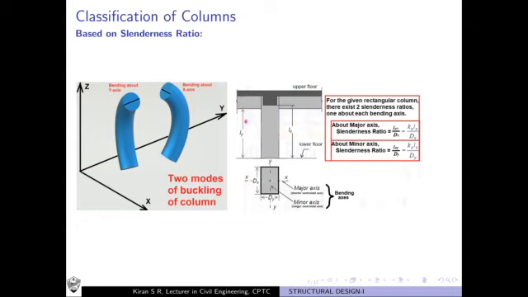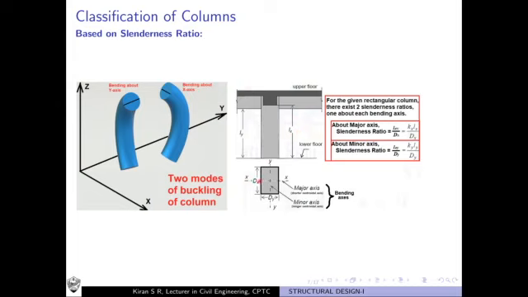This is because the lateral support for bending about the major axis is the lower floor here and the soffit of the beam here. So this we chose as Lx, the unsupported length.